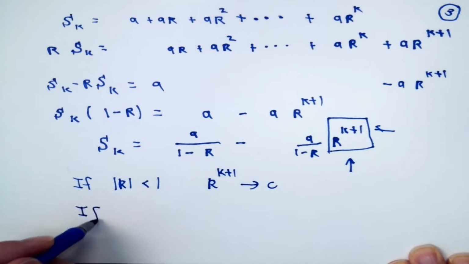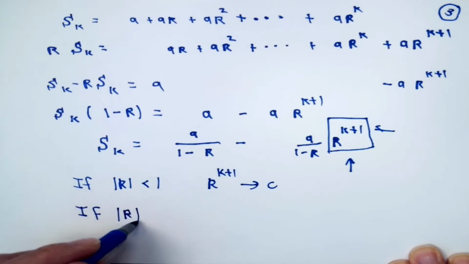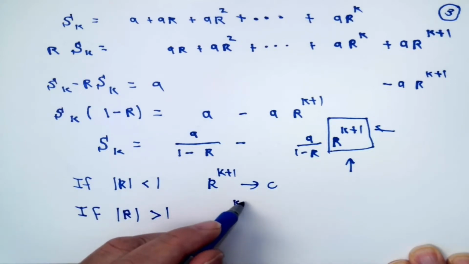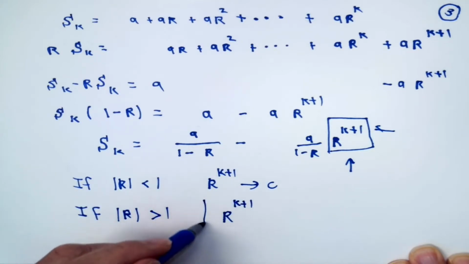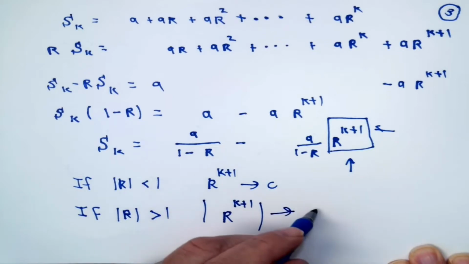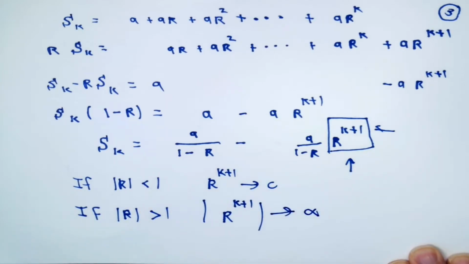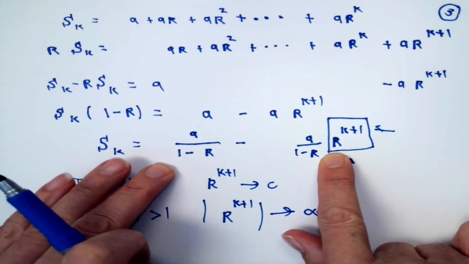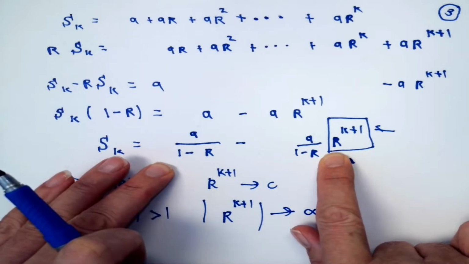I think it's also obvious that if r is bigger than 1, then r to the k plus 1, at least in absolute value, has to become indefinitely big. If r is strictly less than 1 in absolute value, this term tends to 0, and I'll just have the a over 1 minus r left.